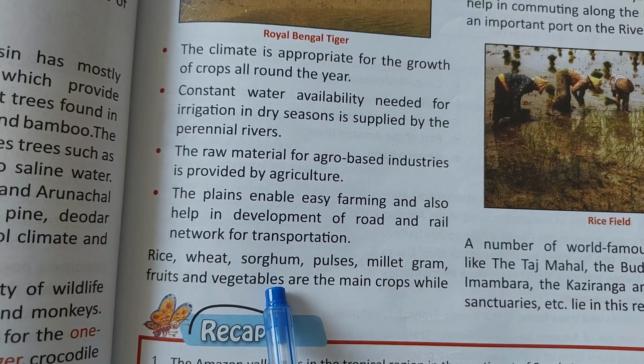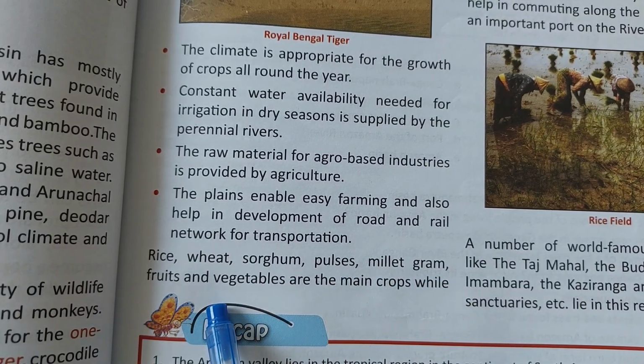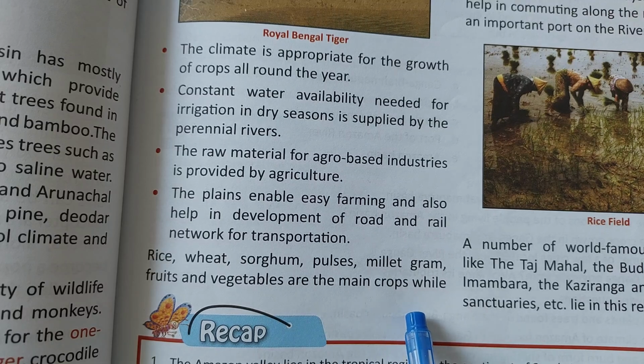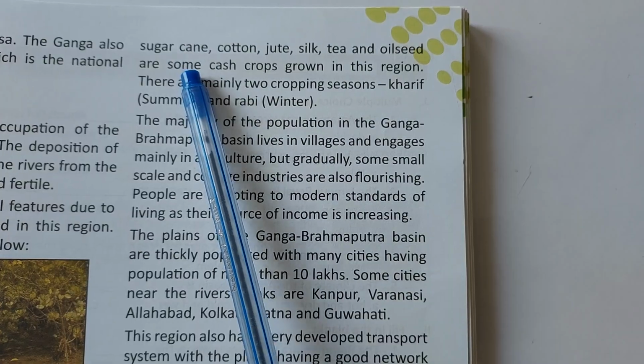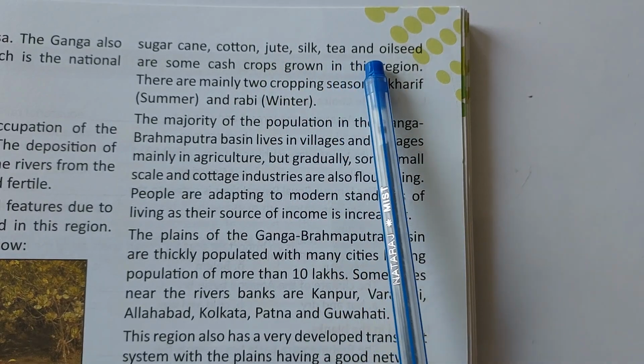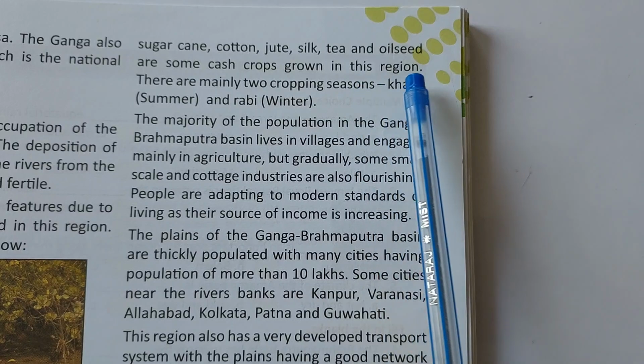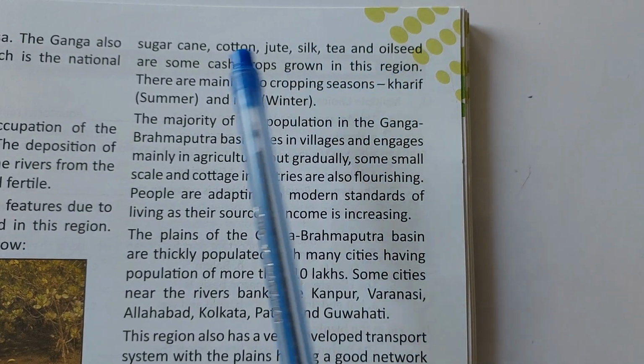Rice, wheat, sorghum, pulses, millet, gram, fruits and vegetables are the main crops, while sugarcane, cotton, jute, silk, tea and oilseed are some cash crops grown in this region.